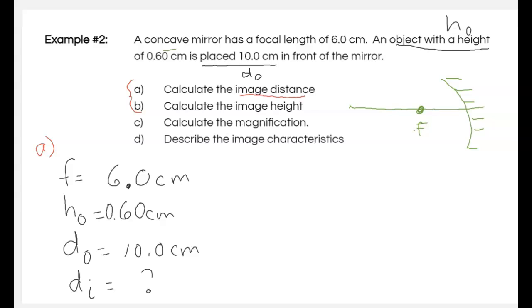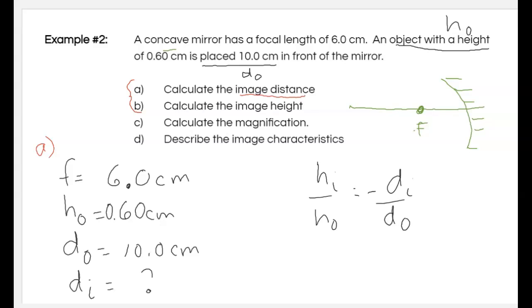right? And so at this point, you might be thinking, well, how do I know which equation to use? So I'm just going to take a quick moment to talk about that. Well, the magnification equation was HI over HO equals negative DI over DO, right?